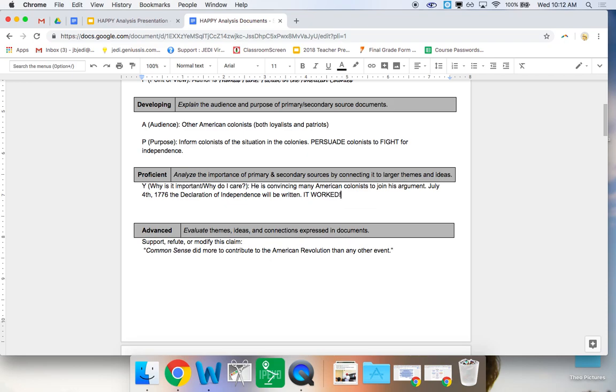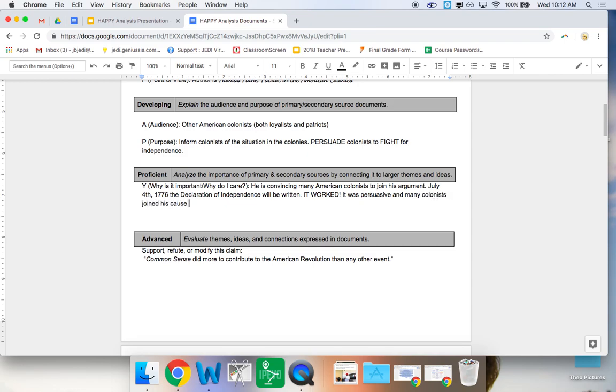Therefore, it worked. It was persuasive. And many colonists joined his cause to fight the American Revolution, to become a new country.